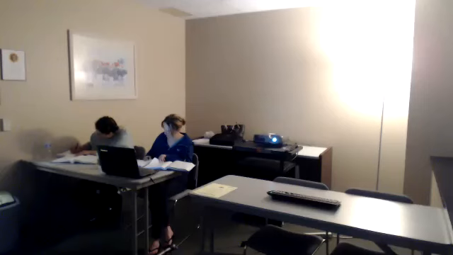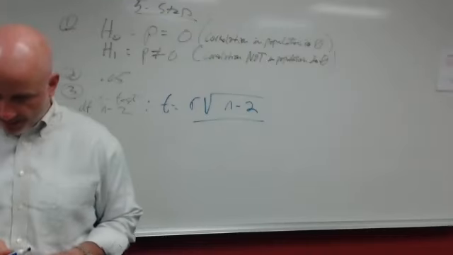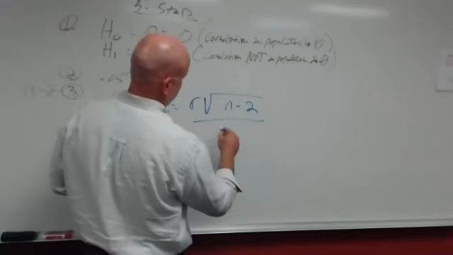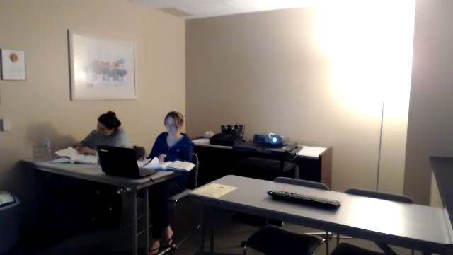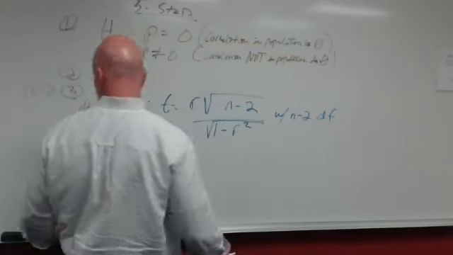Correlation coefficient times the square root of the sample size minus 2, and what are we dividing this by? The square root of 1 minus the correlation coefficient squared. And we said with N-2 degrees of freedom.